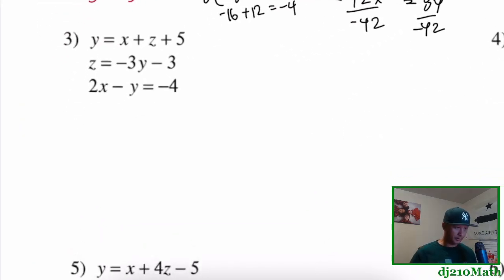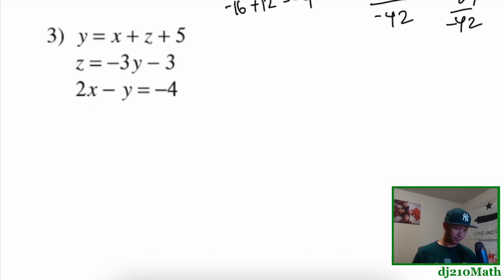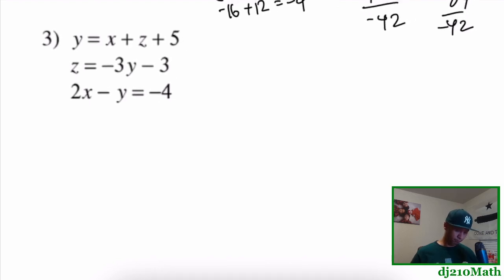All right, number 3. Again, y and z are already solved. If we substitute this into z, let's see what happens.